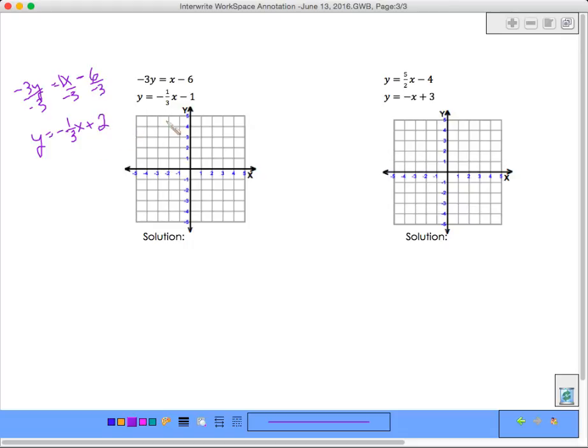Okay. So then I'm going to graph this. I'm going to start at positive 2. And then the slope is negative 1/3, which means I go down 1 over 3. And the next one will be off my graph, but it would be about right here.